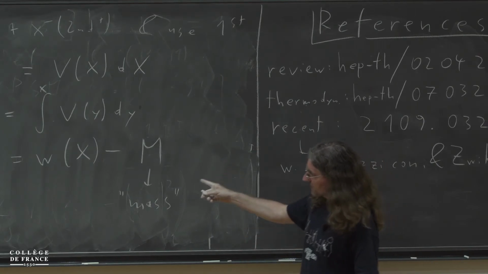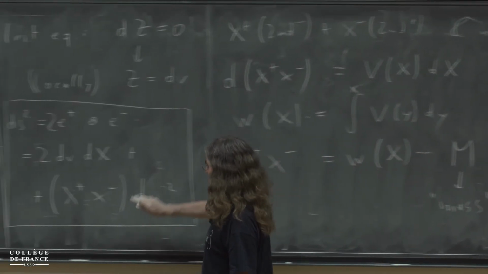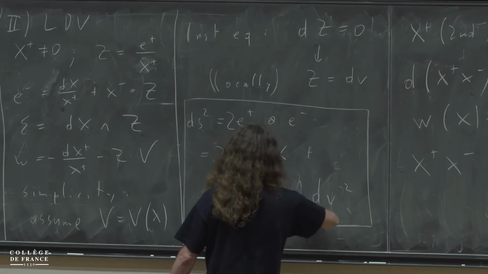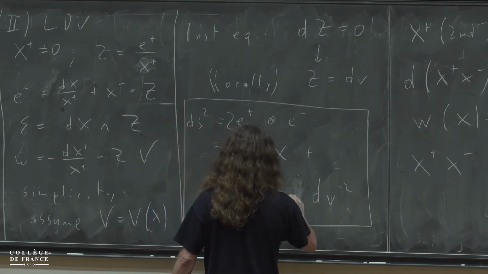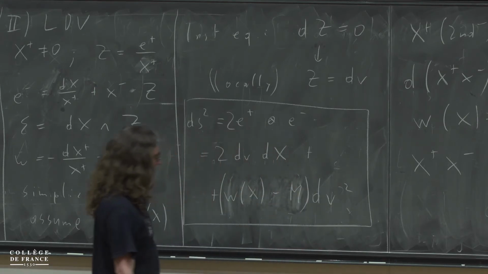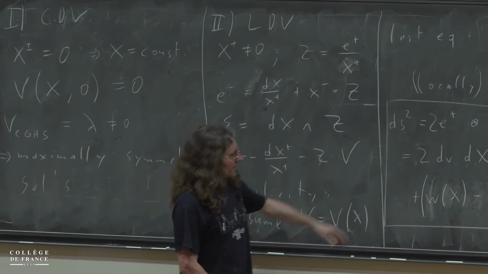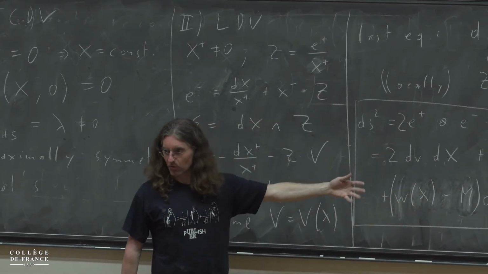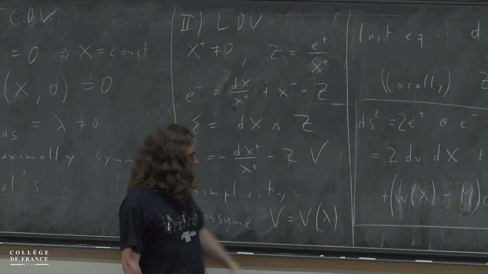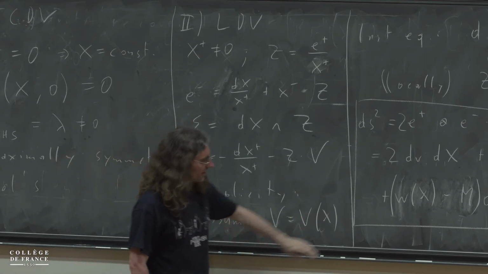So that means that our line element, I just insert the solution for x plus x minus here. So this is w of x minus m. That means we have not just obtained all the solutions for all models of two-dimensional dilaton gravity, subject to this assumption here.